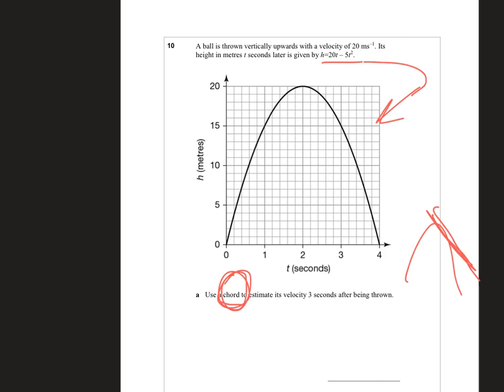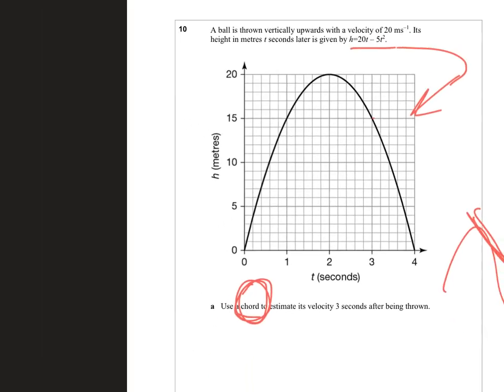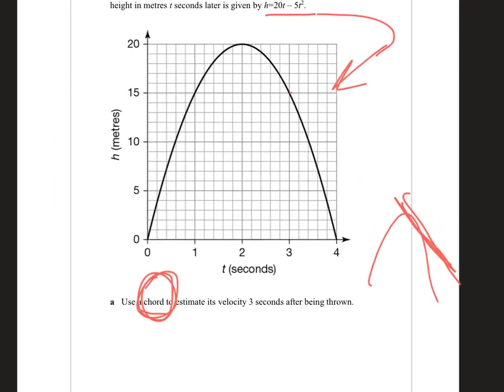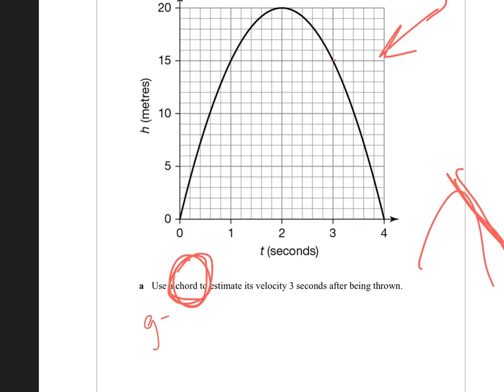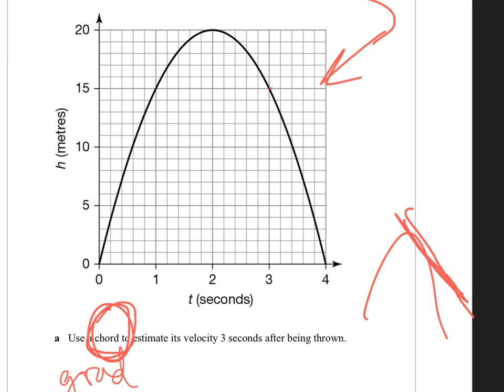Okay, so if we look at velocity 3 seconds after being thrown, lots of you just read off that point. It's not actually what it's asking you. It's asking you to draw a chord, a straight line with the same velocity at that point, and then we'll find the gradient. Let's get my ruler out.